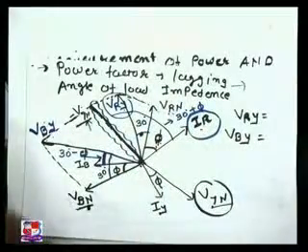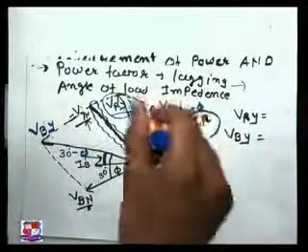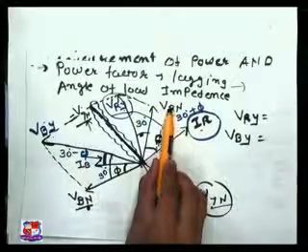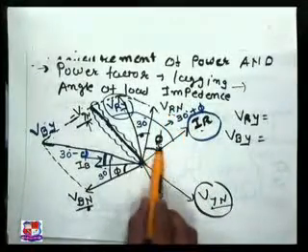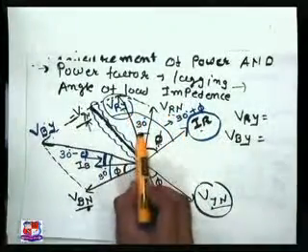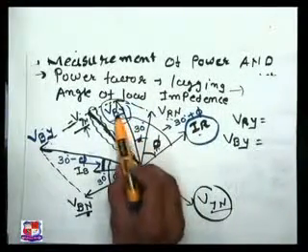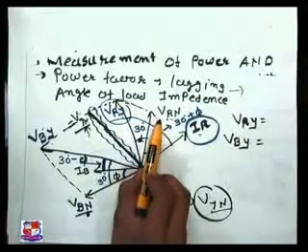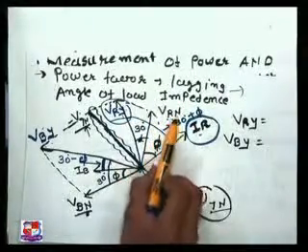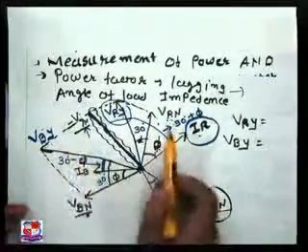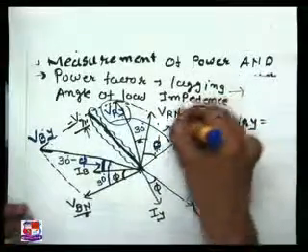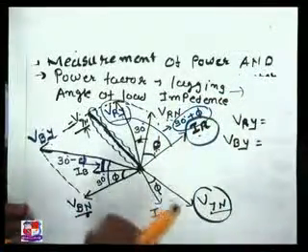If you make a mistake and take the angle between IR and VRN, it will be phi. Here it will be 30 degrees, since VRY is the resultant of our phase voltage VRN. So this is 30 plus phi for the first wattmeter reading.